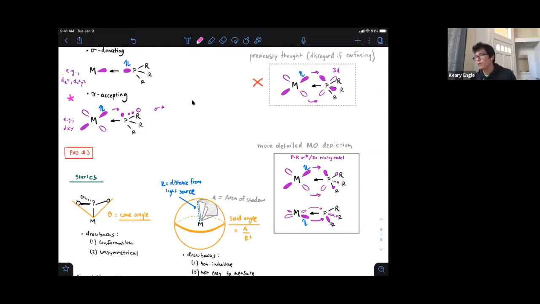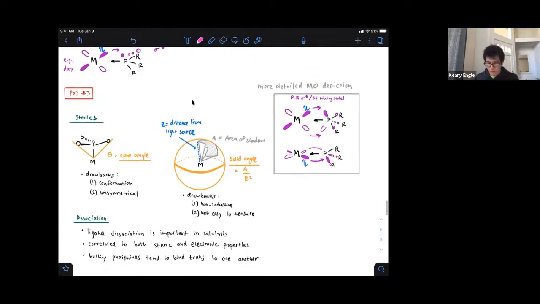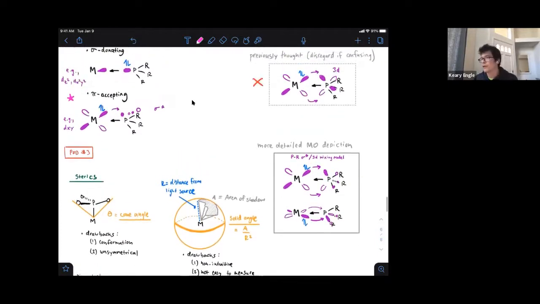That's probably the most accurate depiction, with the sigma star being the major player. So pay attention to what's on the left on my notes, and if what's on the right is confusing, then you don't have to think too much about it.